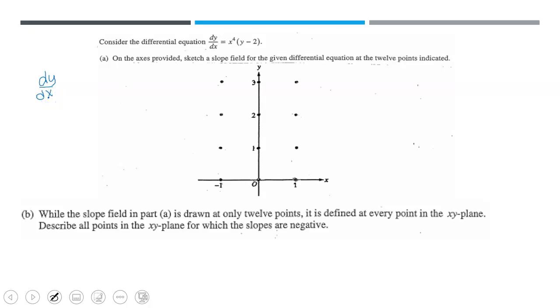So the easiest is to consider x equals 0, because when x equals 0, everything is 0. A -1 and +1 for x, they're also going to be the same. So you're only comparing your y's.